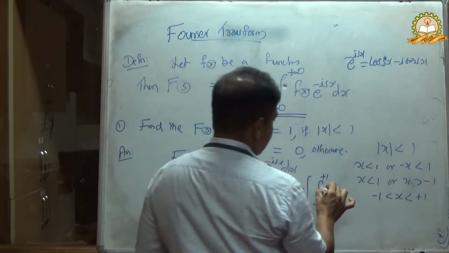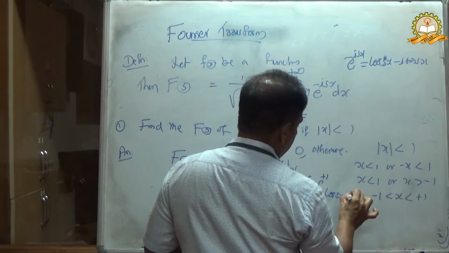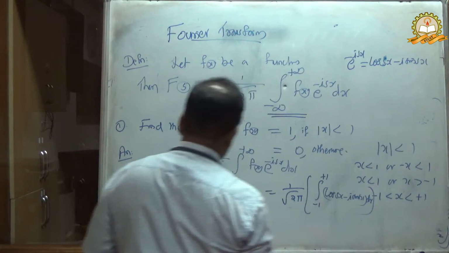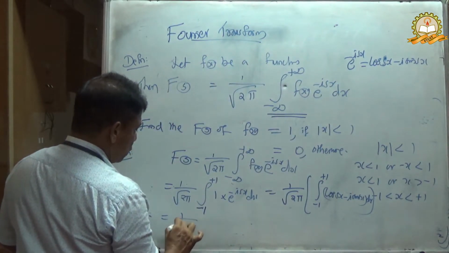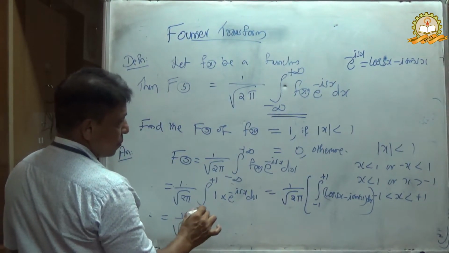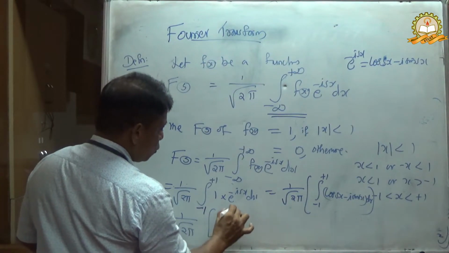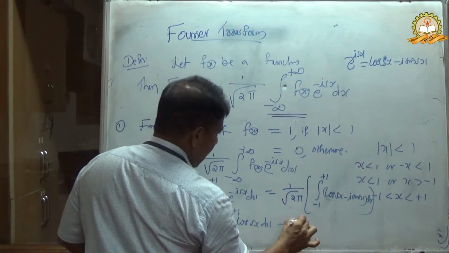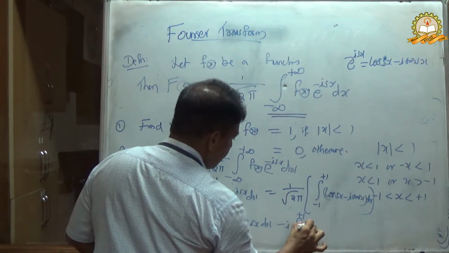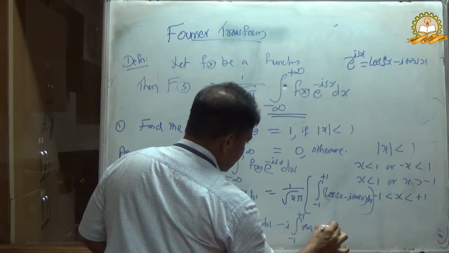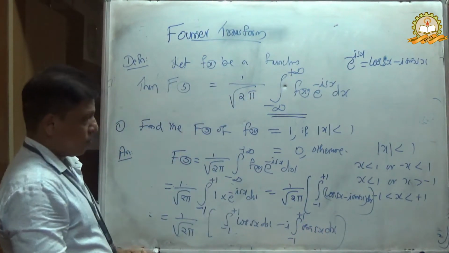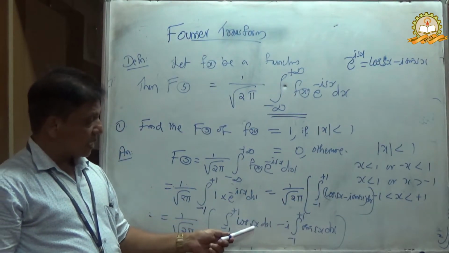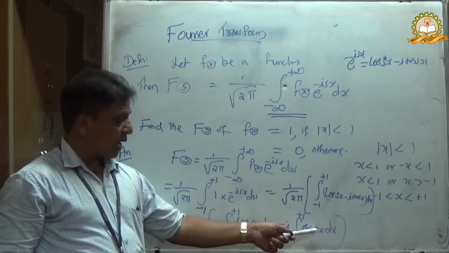Therefore, we can write 1 by root of 2 pi integral minus 1 to plus 1 cos sx dx minus i into integral minus 1 to plus 1 sin sx dx. We split this function.